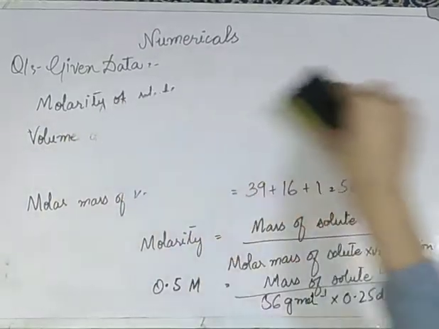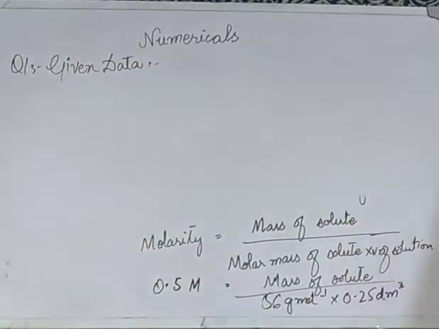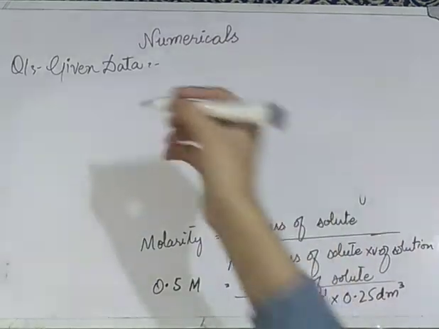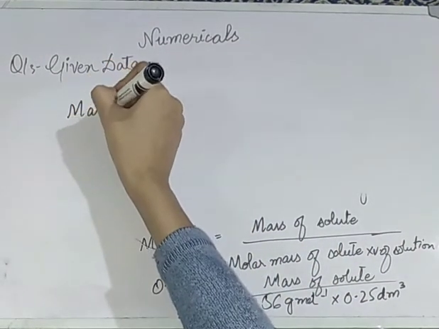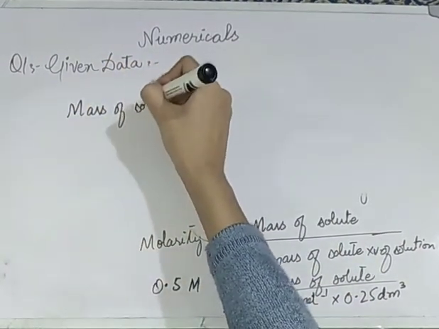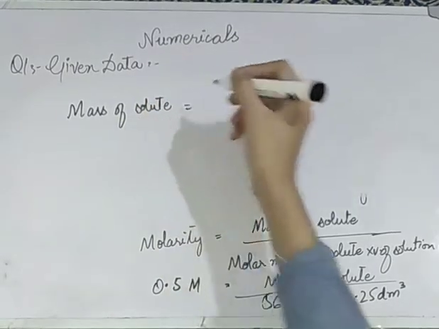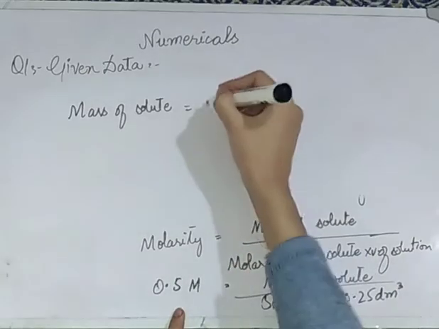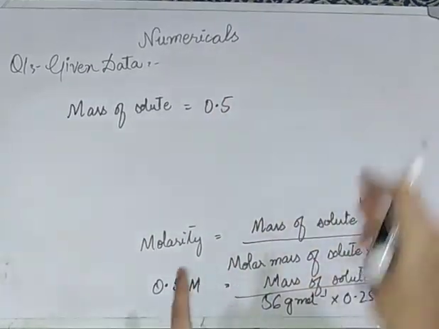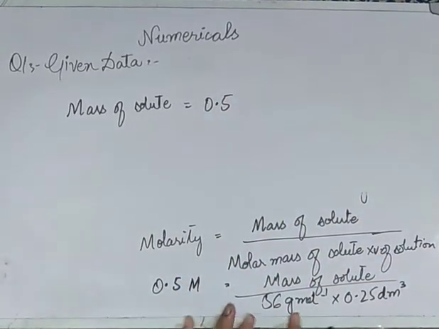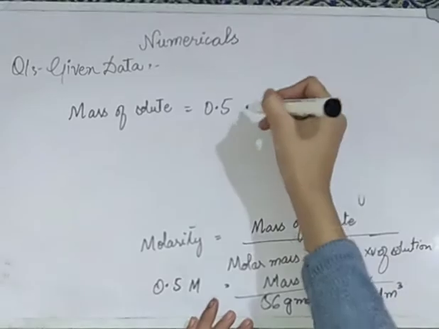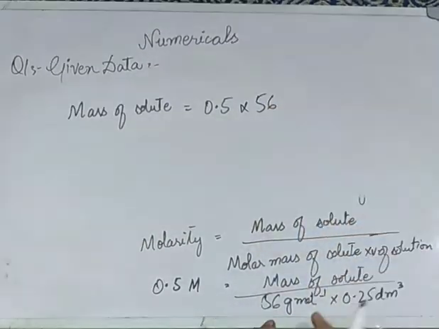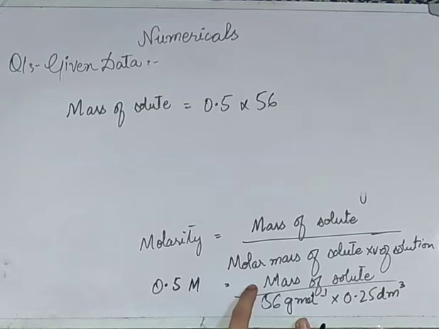We'll calculate it. For mass of solute, we'll change the places. So 0.5 will come to the opposite side of the equal sign, multiplied by 56. Here 56 was being divided by mass of solute.